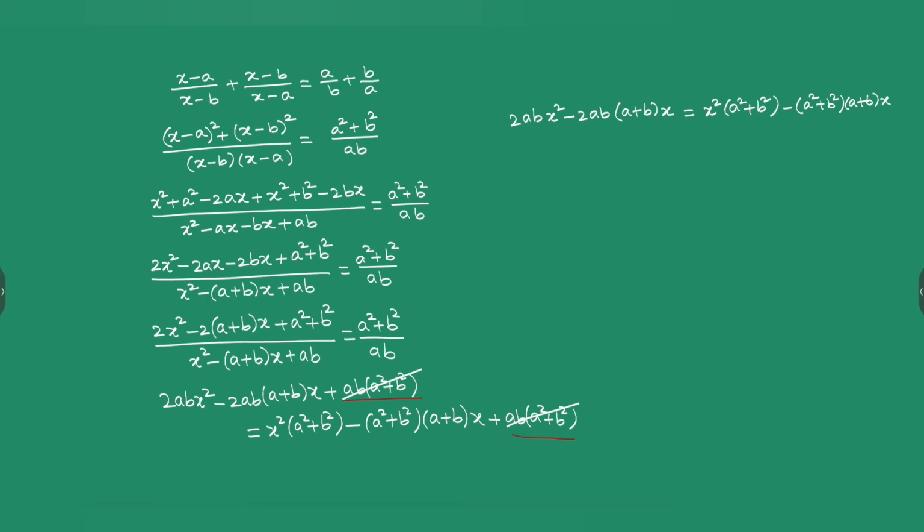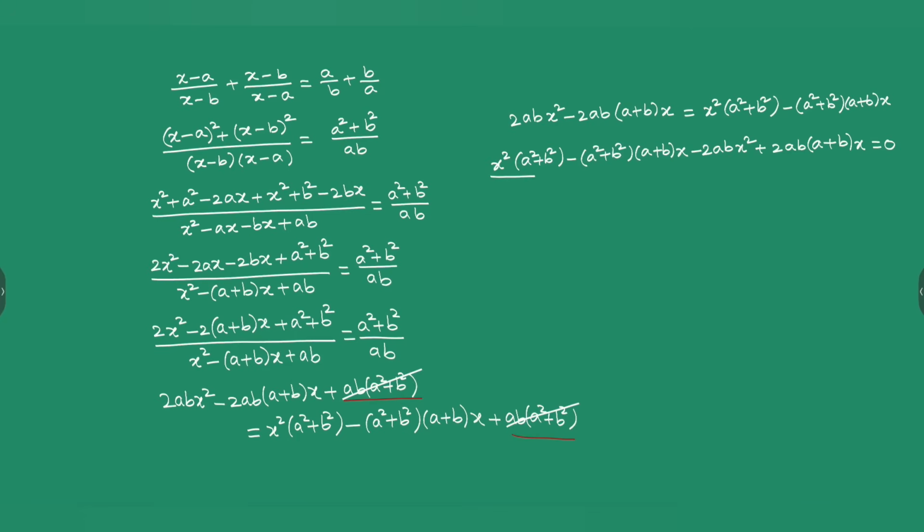Now we transpose both the terms to the other side, then we get x square into a square plus b square minus 2ab, minus a square plus b square into a plus b into x. Now these terms, if you transpose that side, minus 2ab x square and the minus becomes plus, so plus 2ab into a plus b into x is equal to 0.